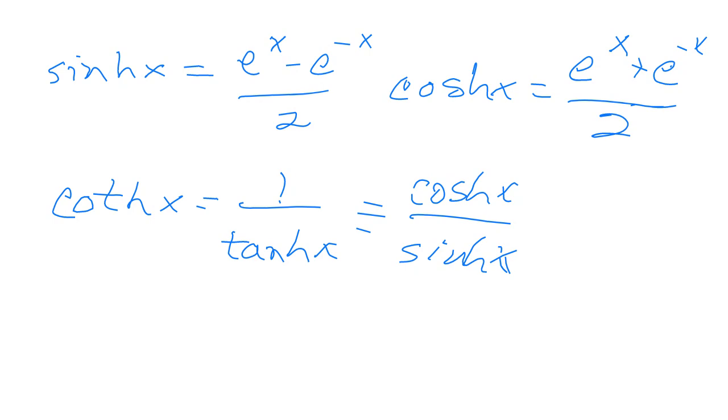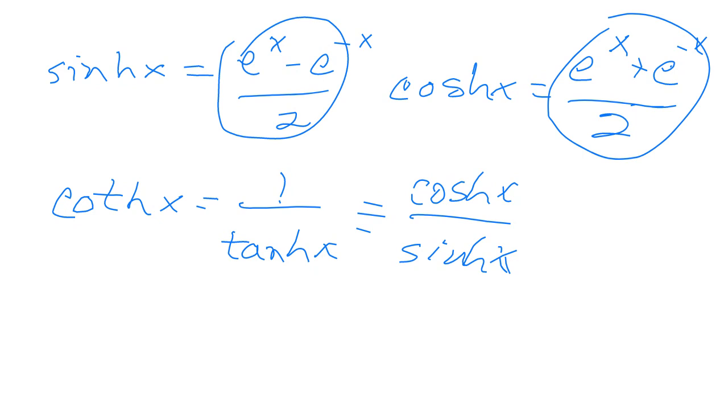And of course, we can use these formulas to come up with what this would be. Of course, this would be equivalent to e to the x plus e to the minus x over e to the x minus e to the minus x. Let's keep it like we normally do it.